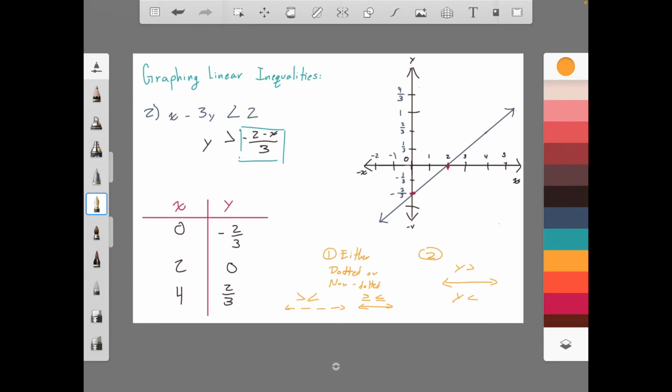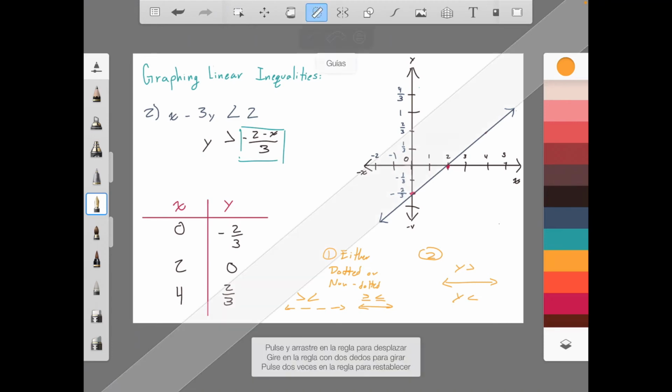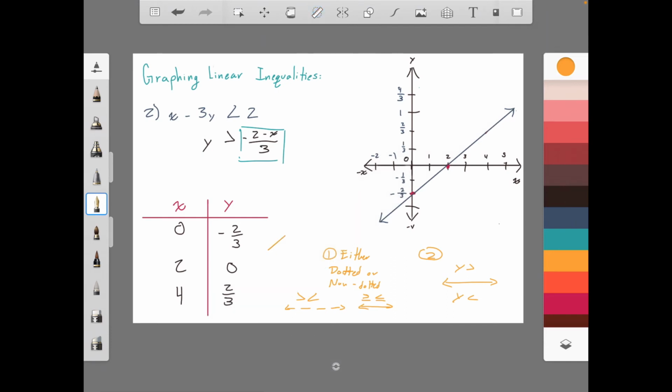Okay, now over there you can have a reference. So in this case, y is greater than, and over there. Okay, so now what we do, give me a second, I'm going to grab this point a little bit more. What we will do is that we're going to color.